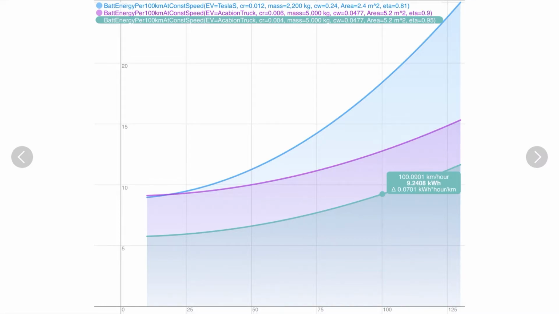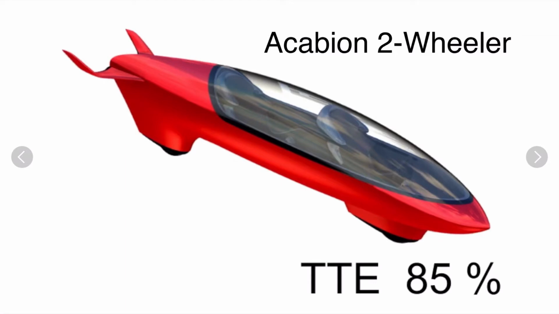But let's jump to other examples for Acabion vehicles. And this is now a two-wheeler. And we see that this has a lot of advantages because first of all, you are sitting here in this vehicle back to back and not side by side. So this means you have a reduction of half of the area, the front area.